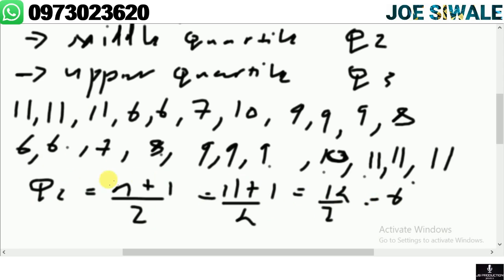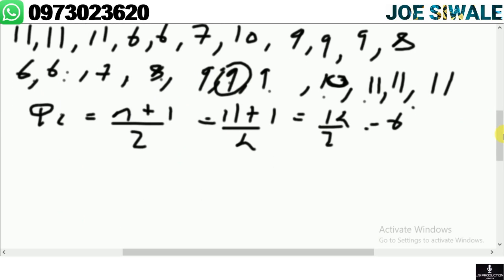So to count here, 1, 2, 3, 4, 5, 6. That means our Q2 there, it's 9.